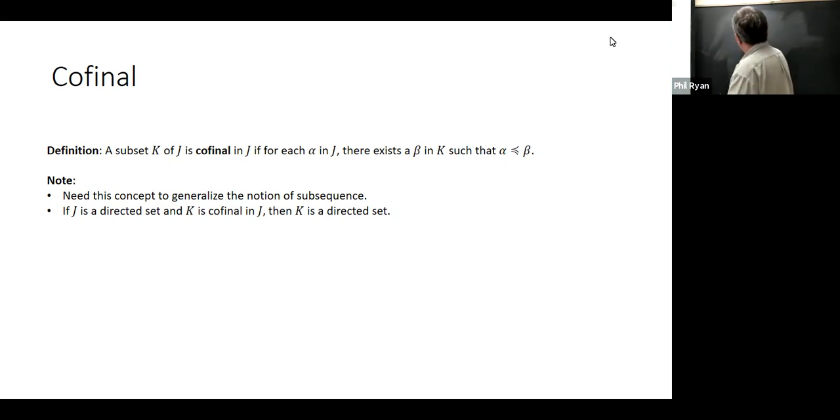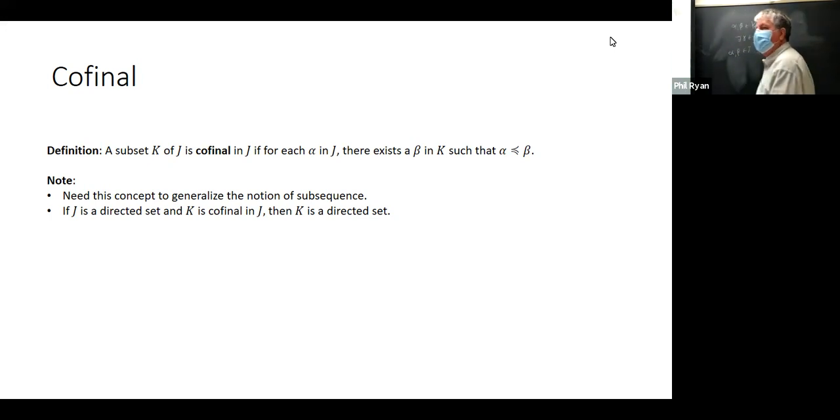We have to show that there exists an upper bound in K for alpha and beta. Well, alpha and beta are also elements of J, so there exists an upper bound for both of them. Let's call it delta, which is in J.